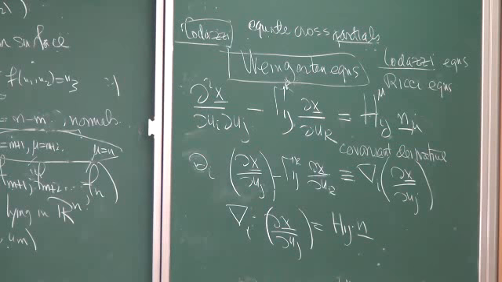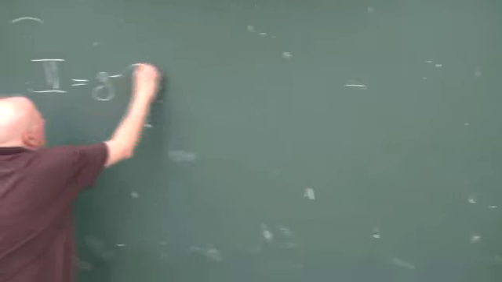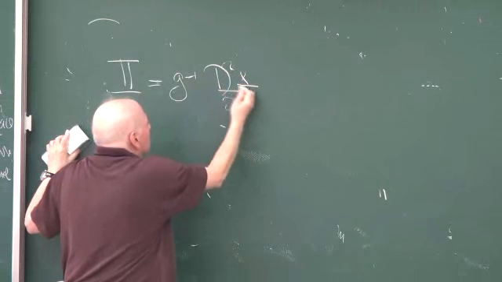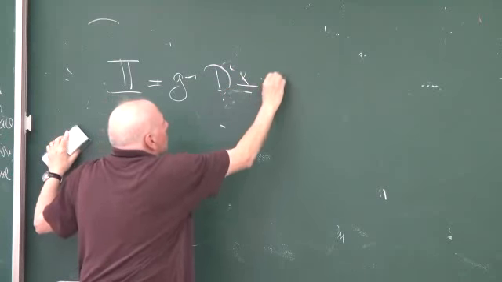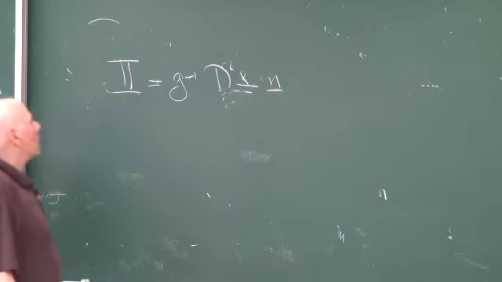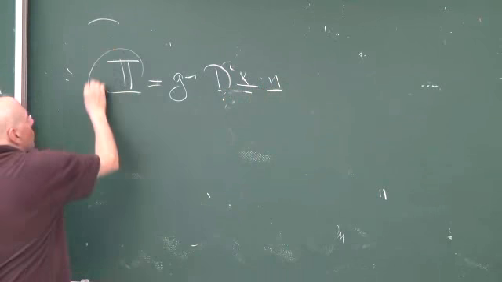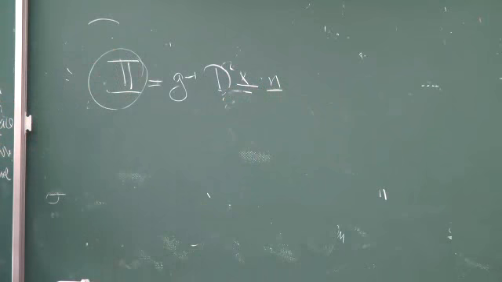So I had pi was g inverse times the second derivative of x, well, it's the Hessian, dotted with n. But let's just concentrate on pi for a second.